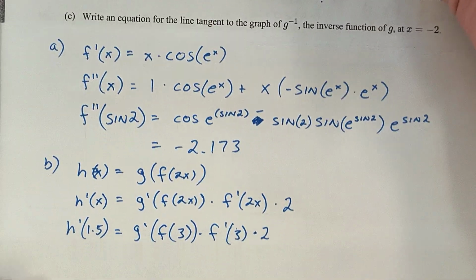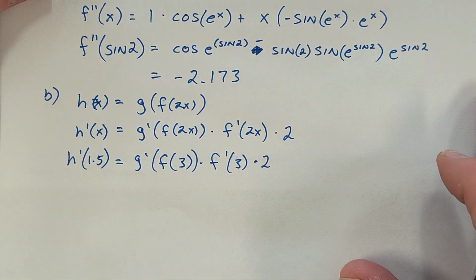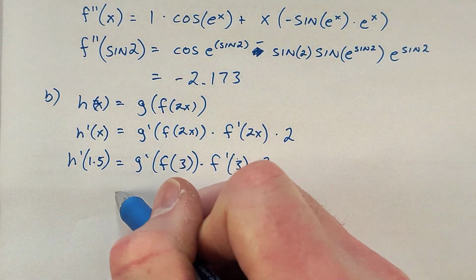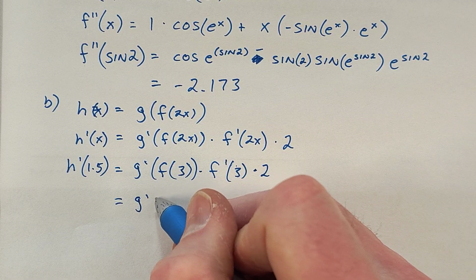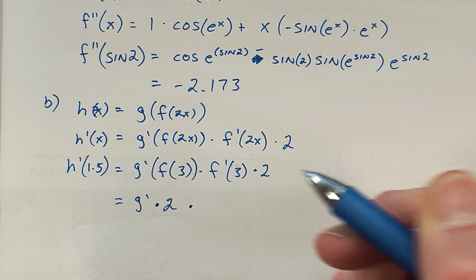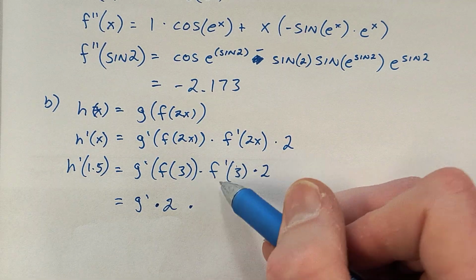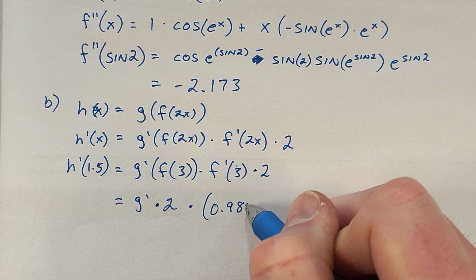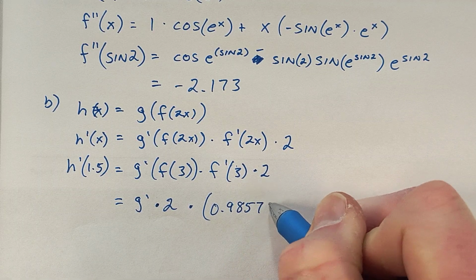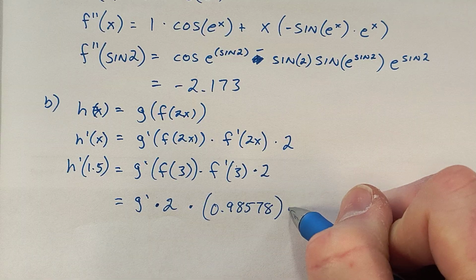Okay, and then we'll come all the way back down to here. So g prime, we said f of 3 was 2, so g prime of 2. And then f prime of 3, well, that was that number, 0.98578, and then times a 2.